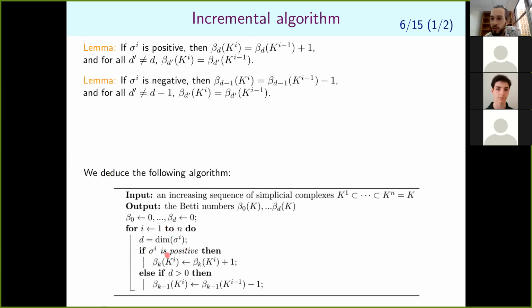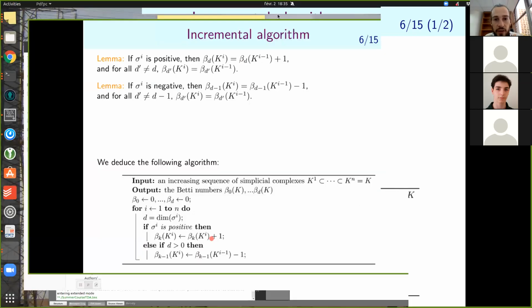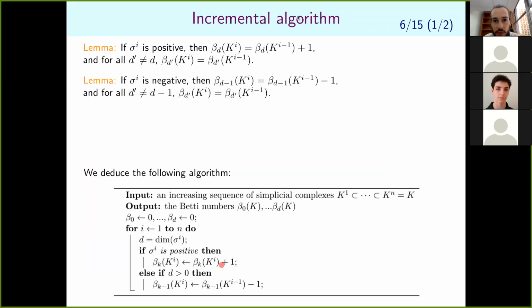This is here for i from 1 to n. Let d be the dimension of the new simplex we add. If it is positive, beta d is increased. And if it is negative, beta d minus 1 is decreased.